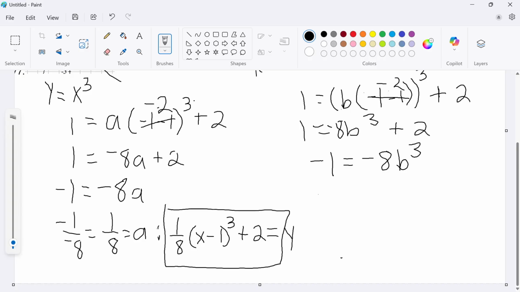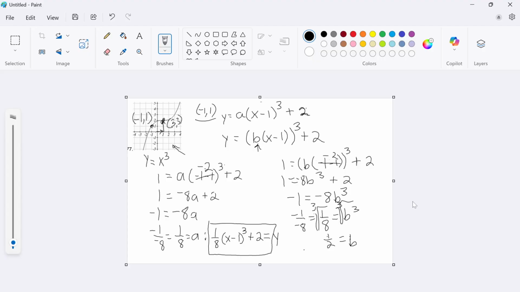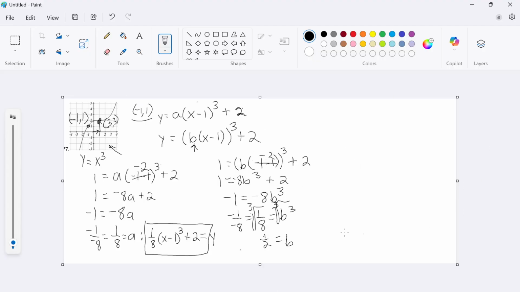Divide both sides by negative 8. Negative 1 over negative 8 equals 1/8 equals b cubed. I can take the cube root of both sides. Cube root of b cubed is b equals, cube root of 1 is 1, cube root of 8 is 2, so b equals 1/2.